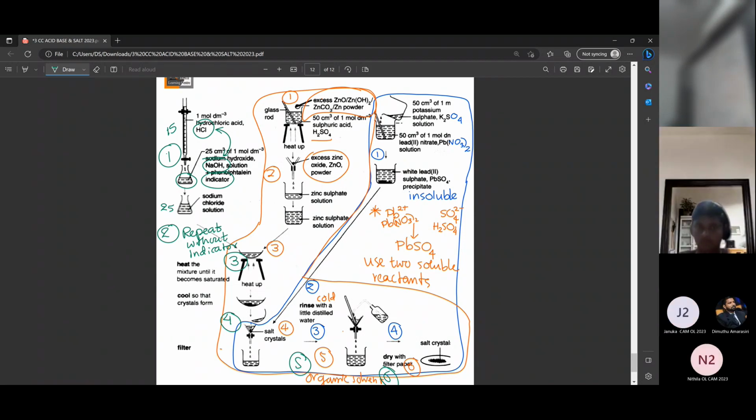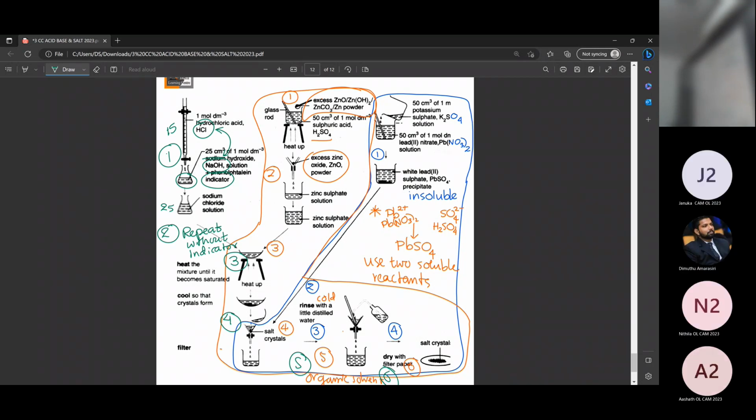Titration is carried out by using a burette to add HCl to the conical flask. A very smart way of writing that. One statement, everything is there.